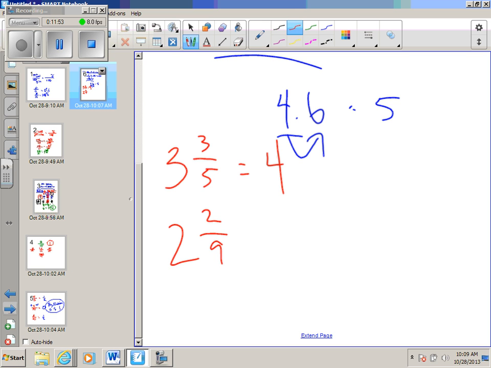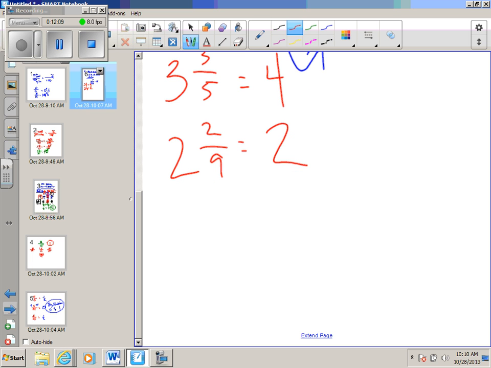2 and 2/9. Does 2/9 represent a fraction that's half or larger? So the nearest whole here would be what? Just a 2. 12 and 19/40.